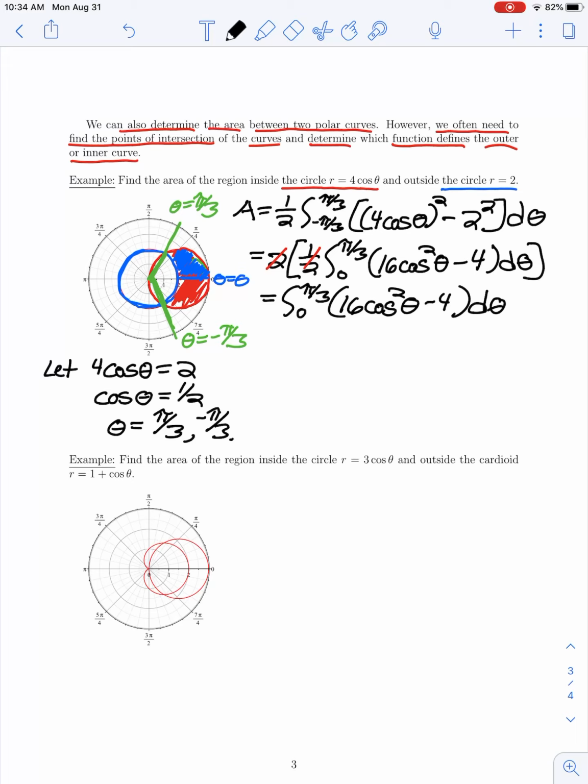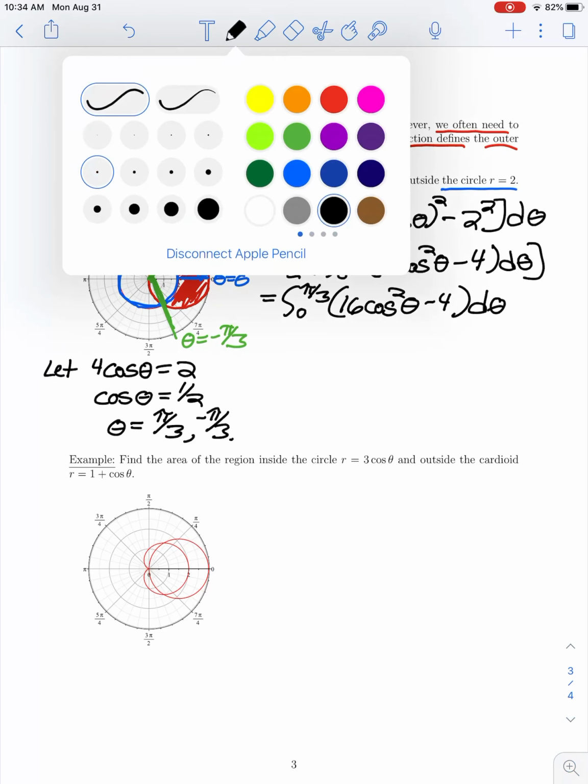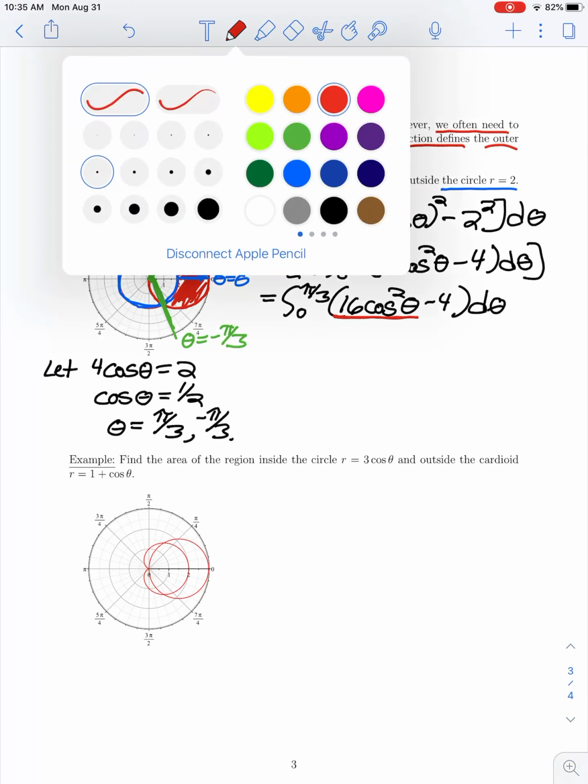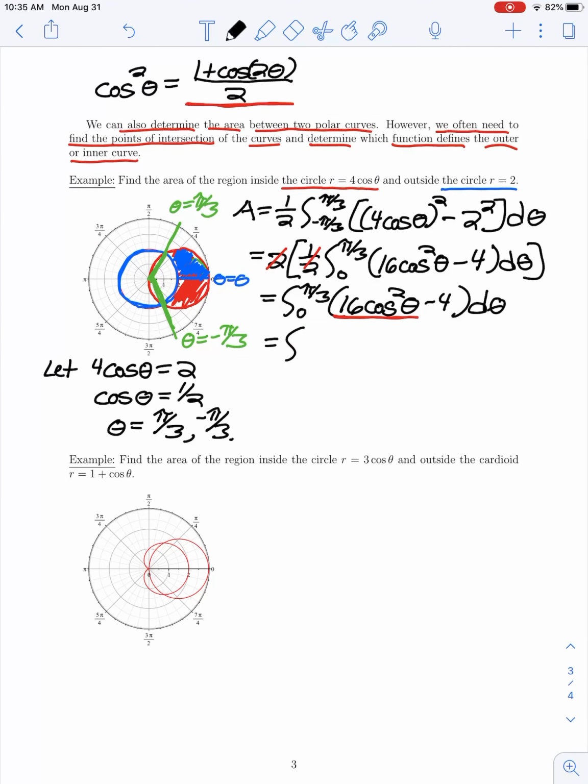Now, in order to integrate cosine squared, again, I have to make use of a trig identity. So let me write it out here. The identity is that cosine squared of theta is 1 plus cosine of twice the angle, 2 theta, all over 2. So when I have 16 times that cosine squared, multiplying this expression by 16, and then with the factor of 1/2 that I get from my identity, reduces to 8.